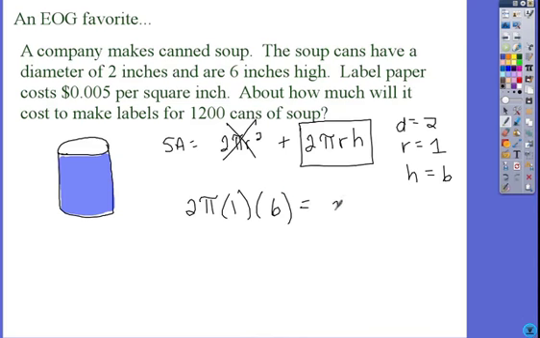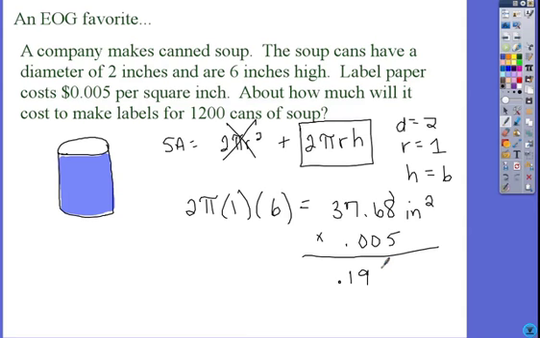and that gives me 37.68 inches squared. Okay, that's for one soup can. So if this label is 0.005 per square inch, I multiply this by 0.005. And that gives me approximately 0.19.